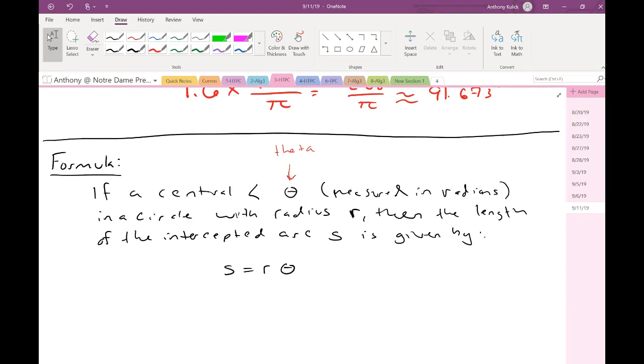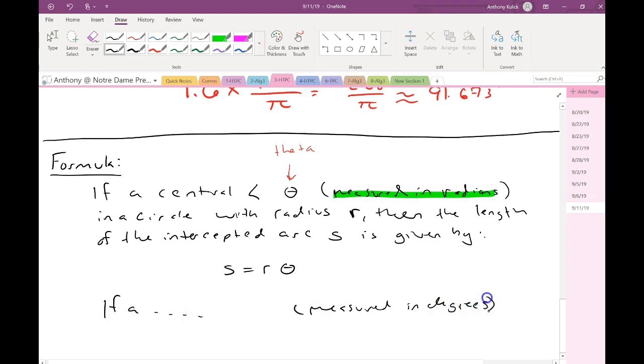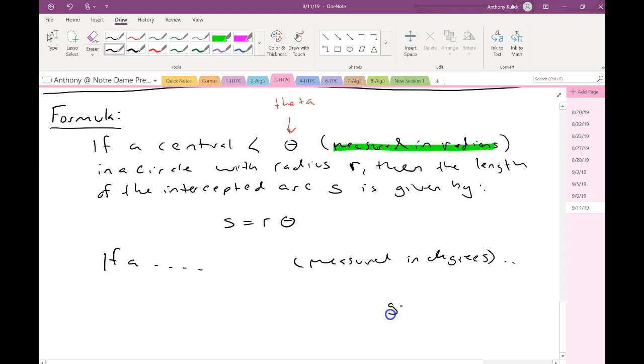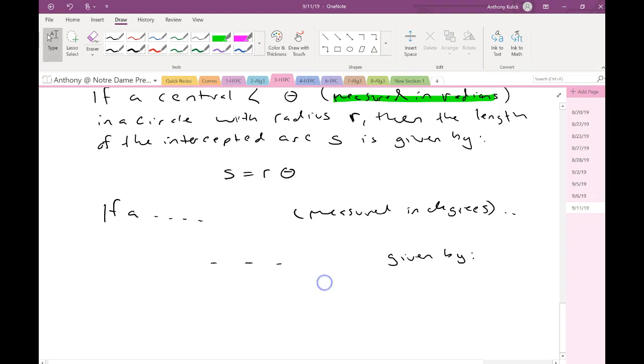How would this change if our angle was, instead of being measured in radians, measured in degrees? How would this formula change? Well, I'd have to convert this angle measure back to radians, right?